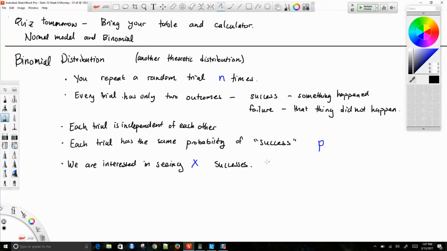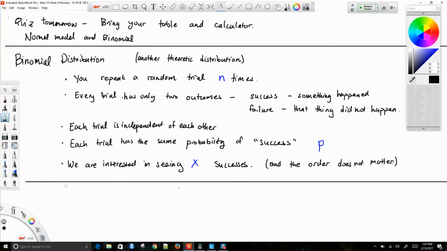Okay, and I should write, the order in which these happen does not matter. Okay, so this is the setup in which you will use a binomial distribution, and so this is all a little bit lofty. Let me put this in practical terms with some examples.